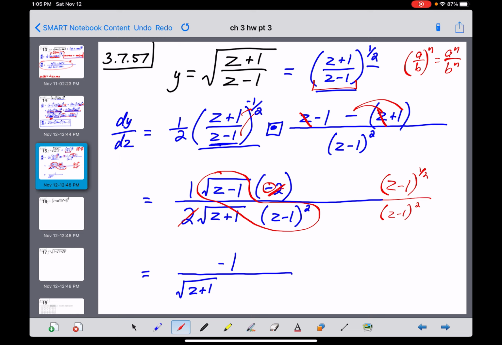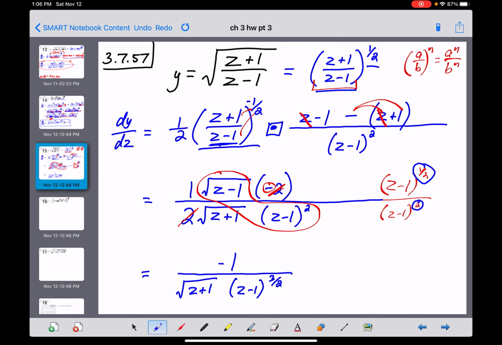Those two can be combined. You've got to figure out where it's going to go first, top or bottom. Well, the exponent in the denominator is larger than that of the numerator, so the z minus 1 factor is going to end up in the denominator, and you always just take the larger exponent minus the smaller one. 2 minus 1/2 is going to give us 3/2 right there.